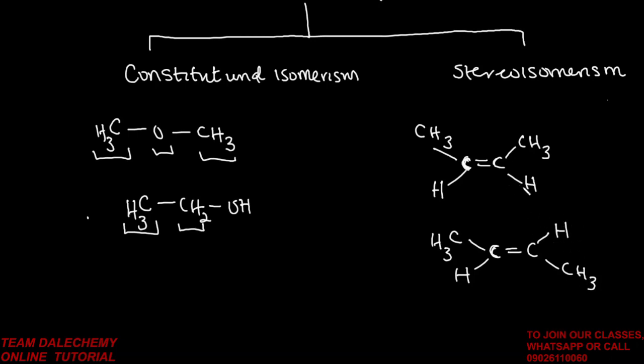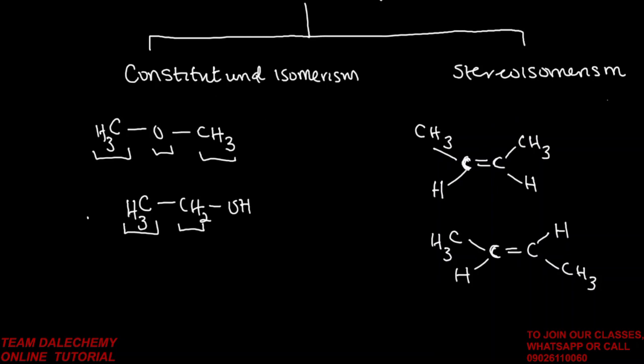So they are not positioned the same way in space, but they are connected the same way. That is the difference between constitutional isomerism and stereoisomerism. In another separate video, we will look at stereoisomerism, its types and possible questions. Now let's focus on constitutional isomerism.